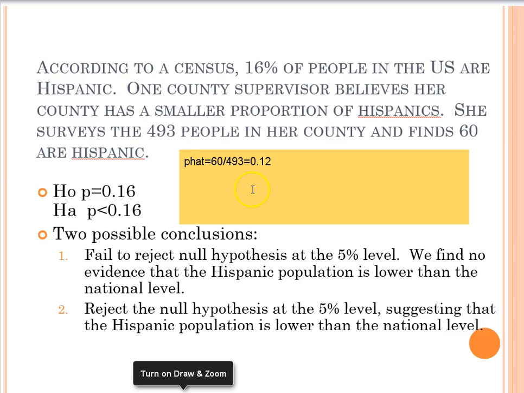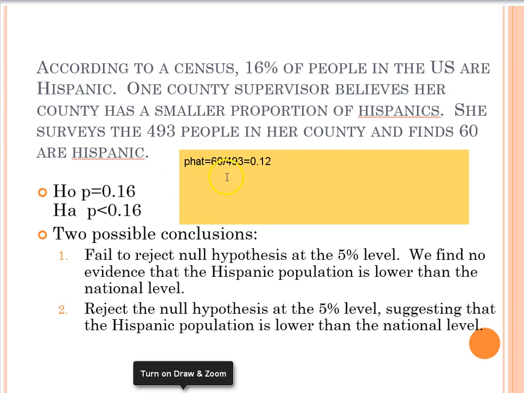And so what we're interested in testing is if her county actually has about the same amount of people as the U.S. does. So is her county 16%, or is it in fact less than that? And so our alternative hypothesis is that her county has a smaller proportion of Hispanics than the national average.